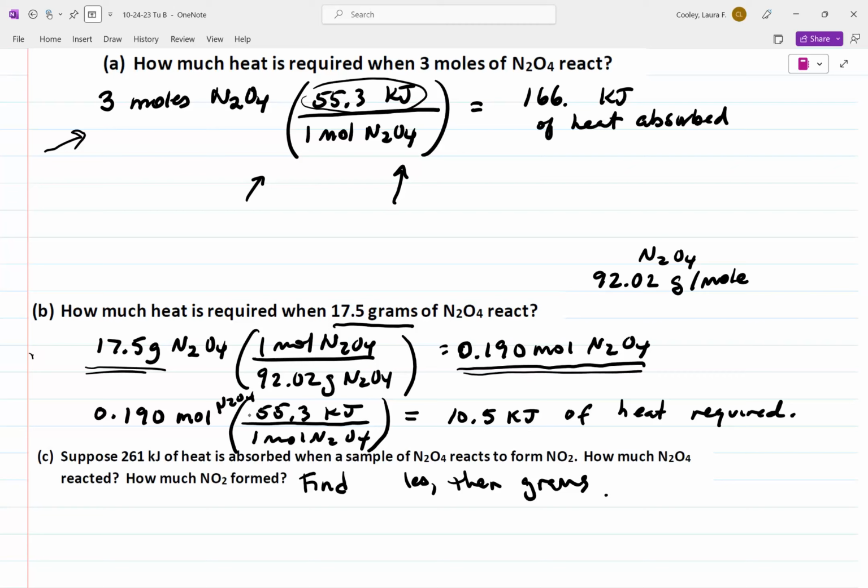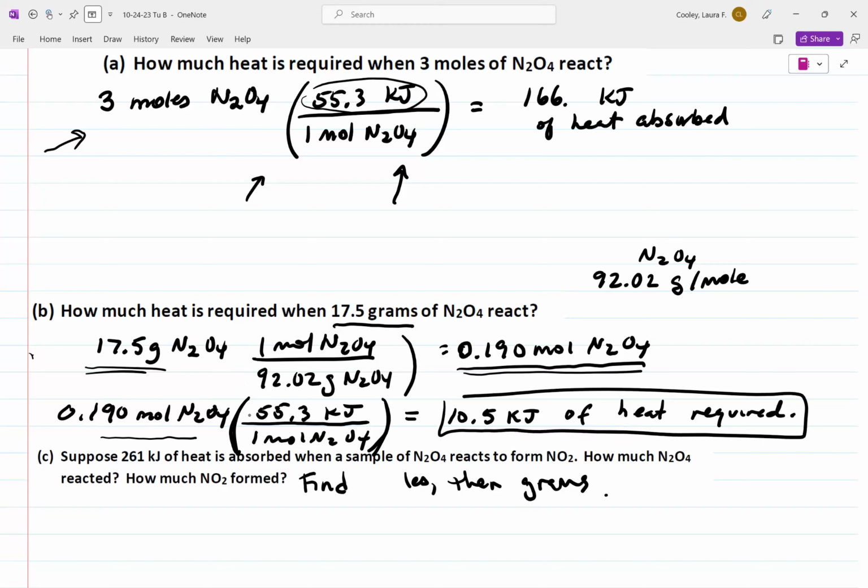Now we have moles, and we take that number of moles and multiply it by the heat absorbed per mole of N2O4, and we get 10.5 kilojoules. That's heat required because it's positive.